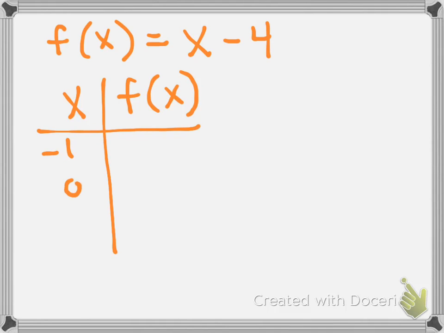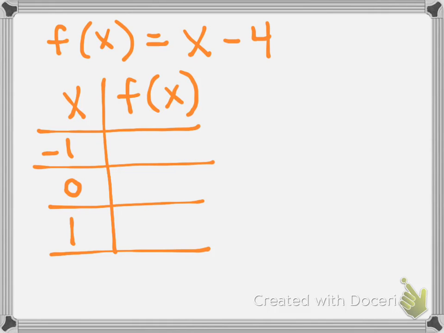Negative 1, 0, 1. So I have my x values, and what I want to do is figure out the function of x values by turning x into a pocket. So in this case, I'm going to write pocket minus 4. That's the expression I'm using.